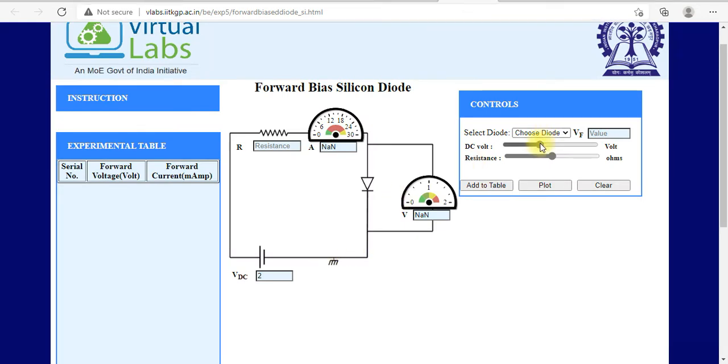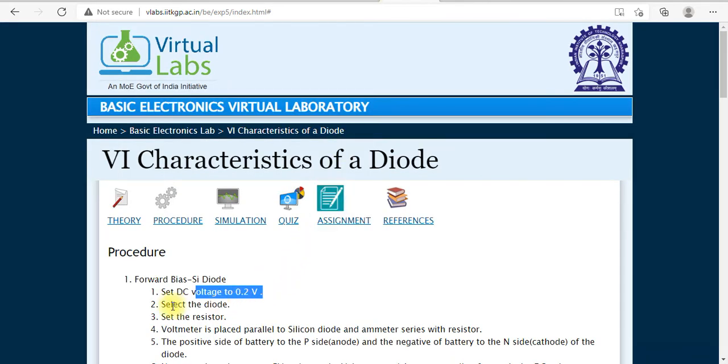Okay, I am reducing the value to 0.2. It is very less. Oh, sorry, this is the 0.2 volt DC. Now select the diode.